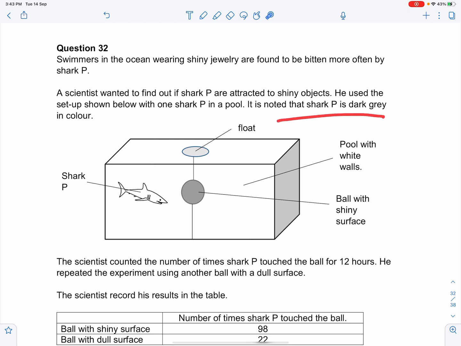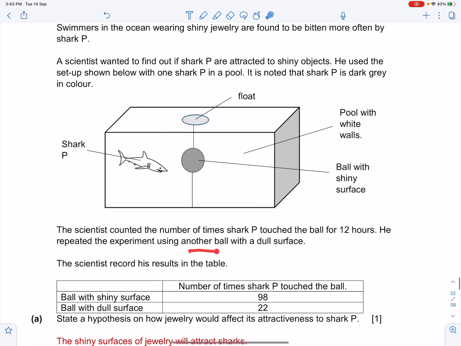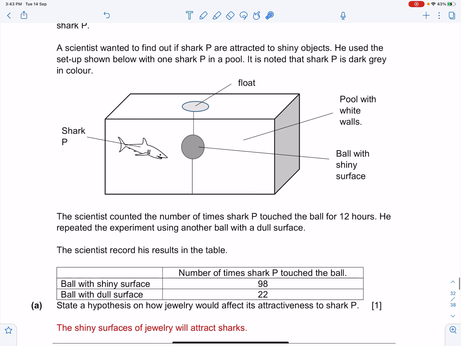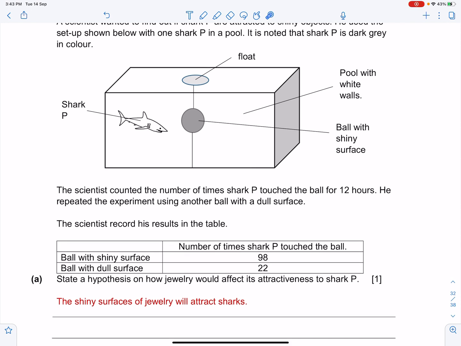It is noted that shark P is dark grey in color. The scientist counted the number of times shark P touched the ball for 12 hours. He repeated the experiment using another ball with a dull surface. He then recorded his results as shown. Suggest a hypothesis on how jewelry will affect its attractiveness to shark P.